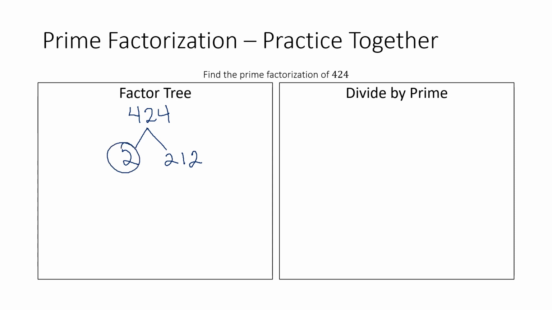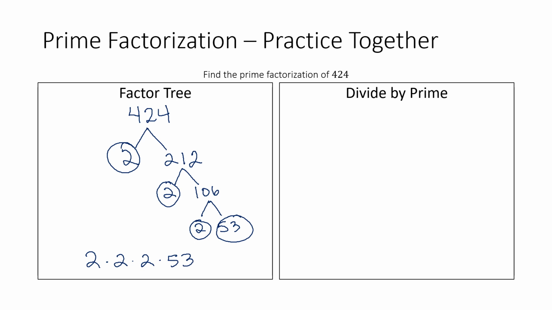So let's look at 212. 212 is again divisible by 2, which is 106. 2 is prime. 106 is divisible by 2, and we get 53. 53 is odd, and it is actually prime. It is not divisible by 3 or 5 or 7 or 11. So it is prime. So my prime factorization here is 2 times 2 times 2 times 53.